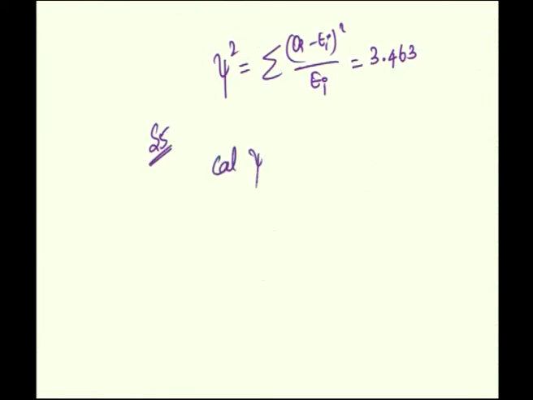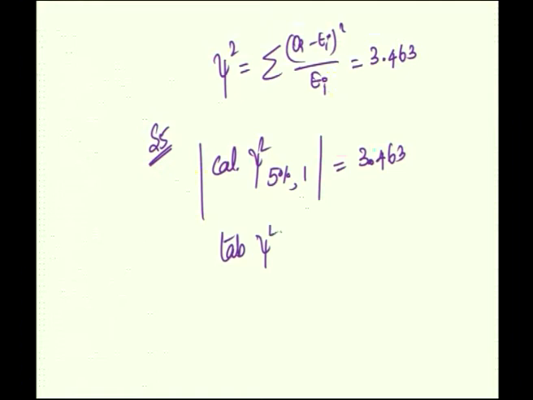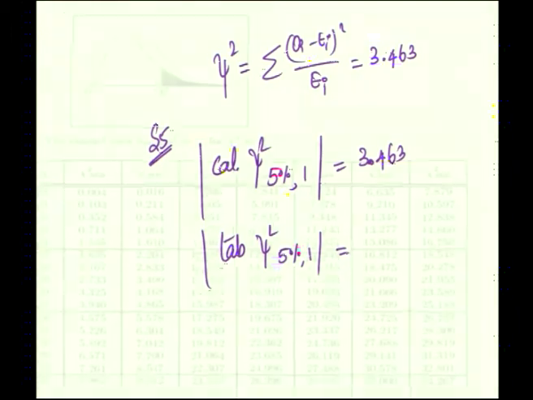So, calculated chi-square at 5 percent level of significance, 1 degree of freedom is equal to modulus of 3.463, and then tabulated chi-square at 5 percent, 1 degree of freedom. Look at the tables for 5 percent level of significance and 1 degree of freedom.